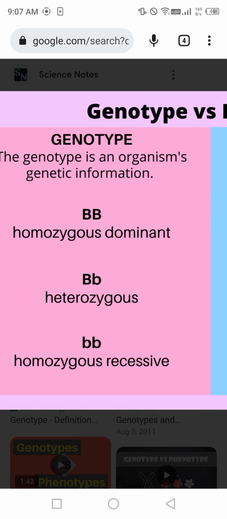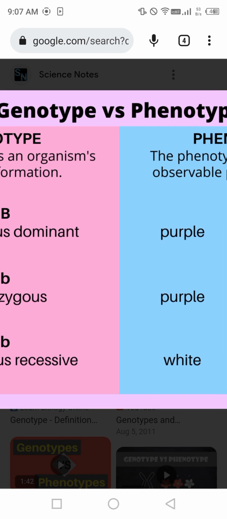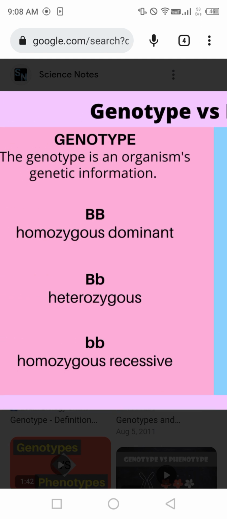So let's see what is genotype and what is phenotype. Genotype is an organism's genetic information, like BB, where there are three types of B. First is homozygous dominant.